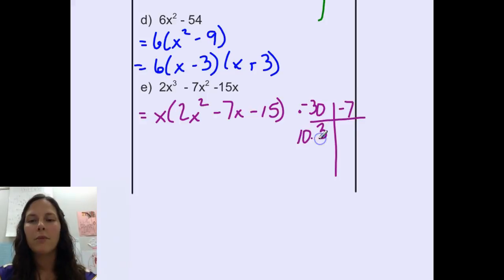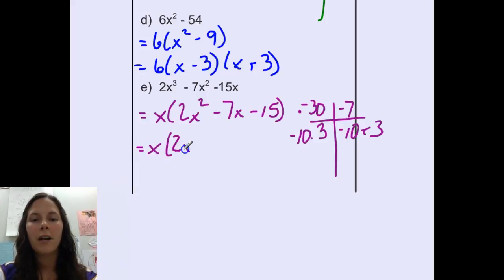10 times 3 multiplies to 30. If we make that 10 negative, we get the right sign for our addition. Now we have to factor by grouping, splitting up that 7x as a negative 10x plus 3x.